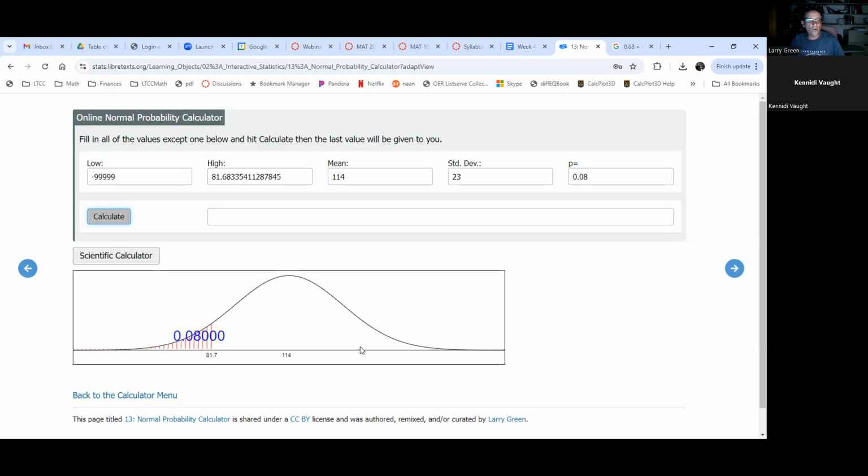Now the low is what we want and don't know, so I'm going to blank it out. The high will be way out here, which is a bunch of nines. It should be at least 4 nines, by the way. I just hit 9 and held it, and it just kept going, which I'm good with, as long as you get at least 4. Any questions on that?